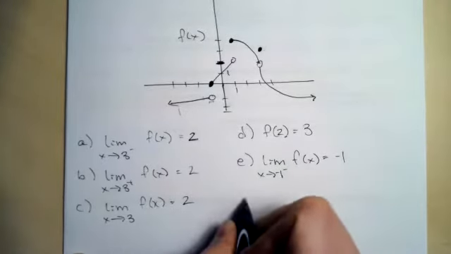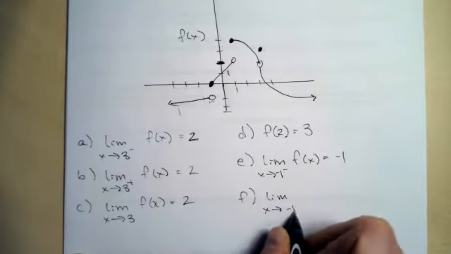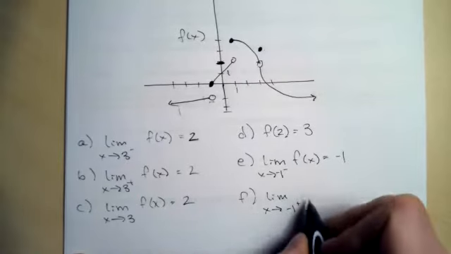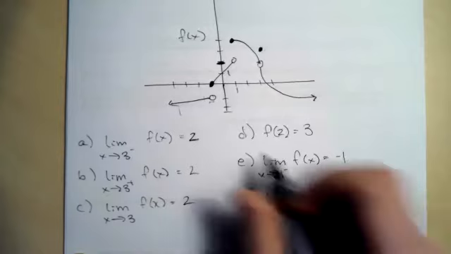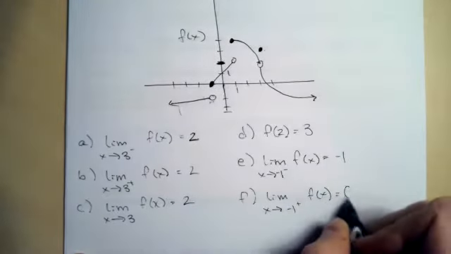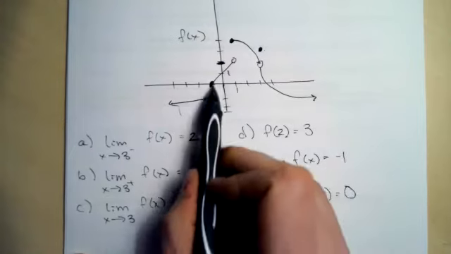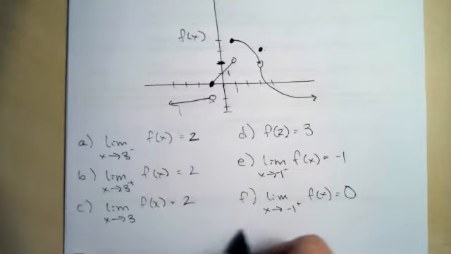But if I approach that from the right, then we're going to 0 as the y value. And since those two are different, since there's a jump there, the actual limit does not exist.